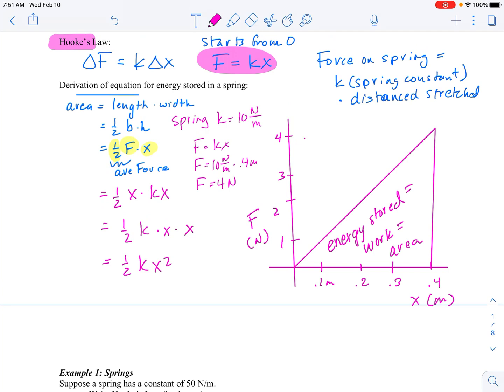And I could figure out the elastic energy by doing 1/2 kx squared. So that would be 1/2 times 10 times 0.4 squared. And I'll get out my trusty calculator. So this is 1/2 times 10 times 0.16. So that's 1.6, I think it's 0.8.